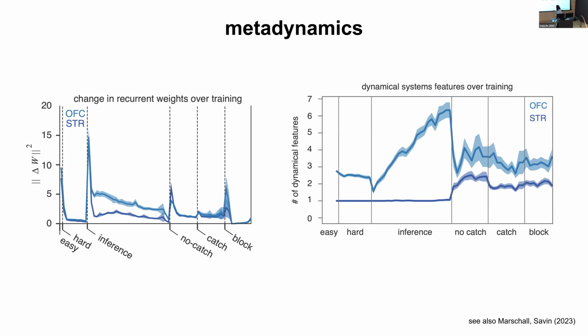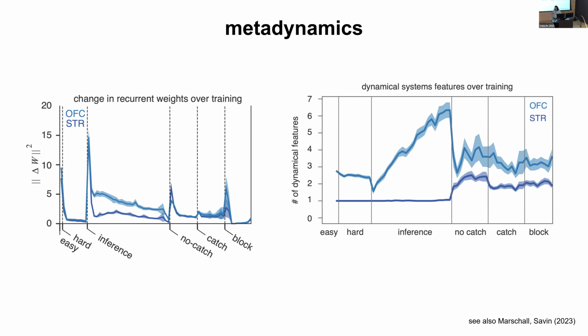But we can look in more detail at the dynamical system structure that is being learned, because you need slow features like attractors or approximate attractors in order to keep information around for very long time constants. So looking for slow modes of the dynamics from a dynamical systems perspective is supposed to isolate how the agent did it.